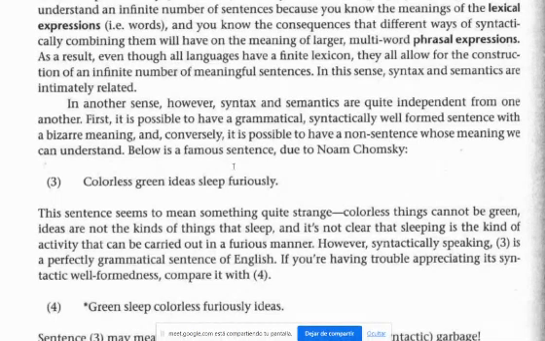Semantically ill formed. And if we want to talk in syntactic terms, we need to start building our vocabulary. Number one is semantically ill formed, syntactically well formed, because if you start listening to lectures in linguistics, they are going to use this terminology.